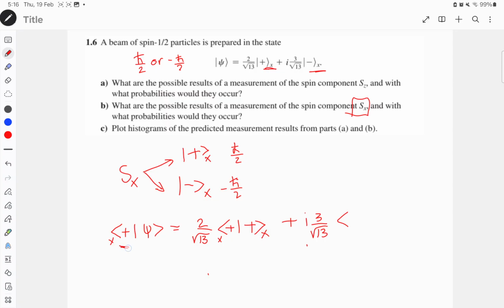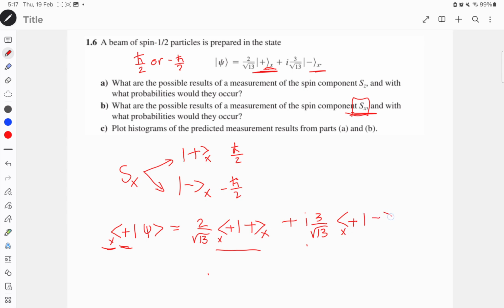We are multiplying by this one. It's not necessary. We don't convert this one to z component because we want the x component. So multiplying x by x is a good idea.